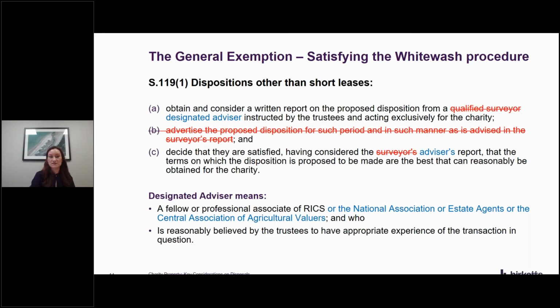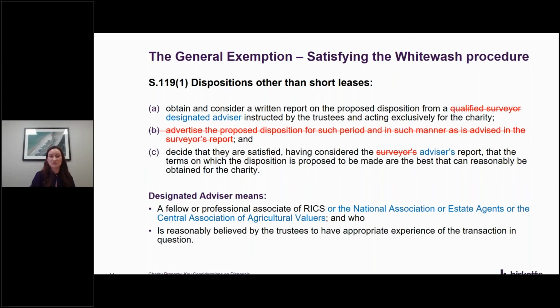The second point, paragraph B, which is the requirement to advertise the disposal, has been removed. Although the guidance does still say that if the surveyor recommends that it's advertised, obviously the charity is best to go ahead and do that, but there's no longer a statutory requirement to advertise the disposal. And paragraph C, the third part of that requirement, is just changing the definition of surveyor to advisor.